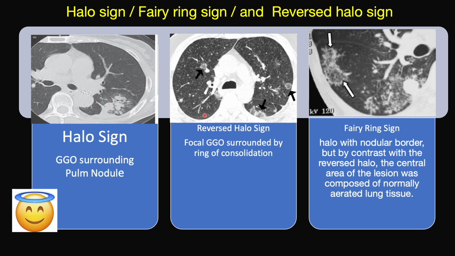The reverse halo sign, as I said, although it was long regarded as highly specific of organizing pneumonia, this sign has also been cited in sarcoidosis, so it can be seen here as well, right? And if you see nodular walls or nodules inside the halo in these reverse halo signs, you can demonstrate the nodules with the reverse halo, then it's very suggestive of a granulomatous disease.